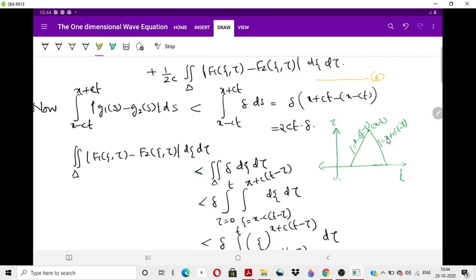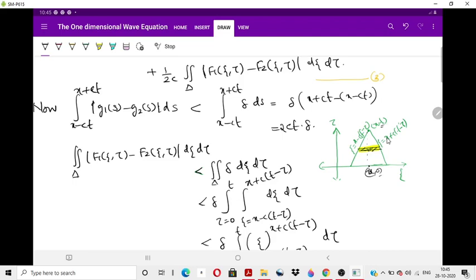In the integration, theta varies from x minus c into t minus tau to x plus c into t minus tau, and tau varies from 0 to t.